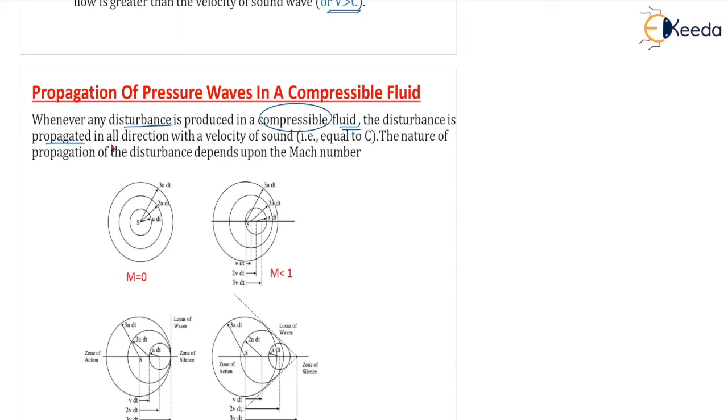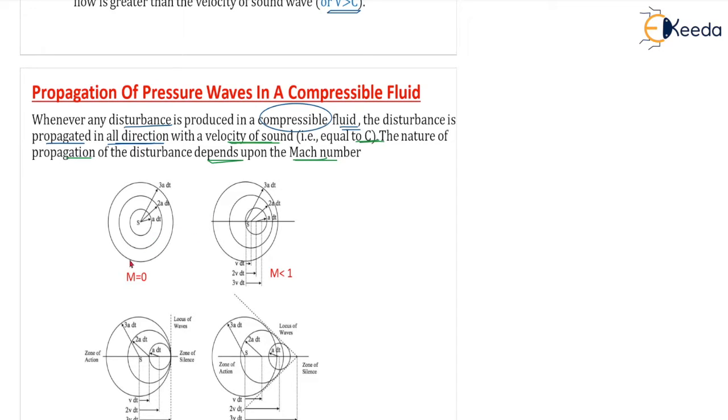Very, very important line: the disturbance is propagated in all directions with the velocity of sound equal to c. The nature of the propagation of disturbance depends upon the Mach number, that is the ratio of the velocity of the object and the velocity of sound.